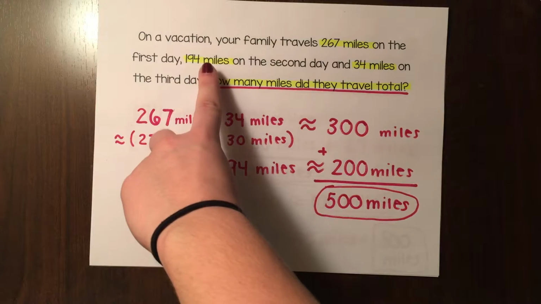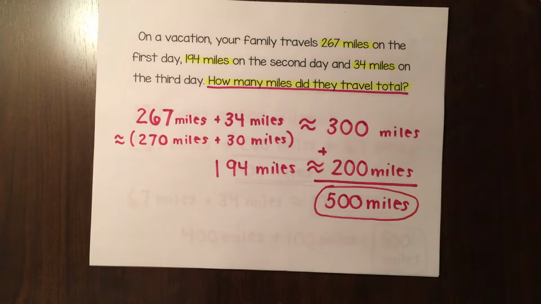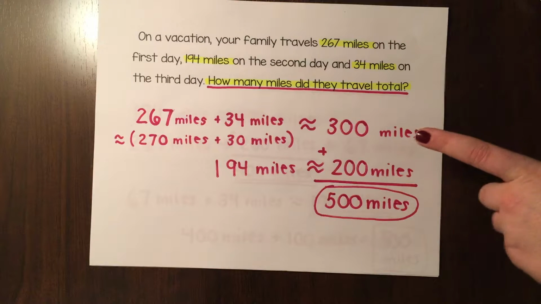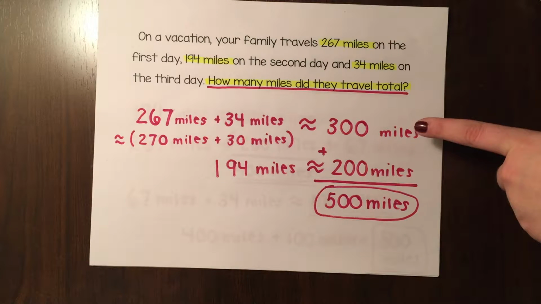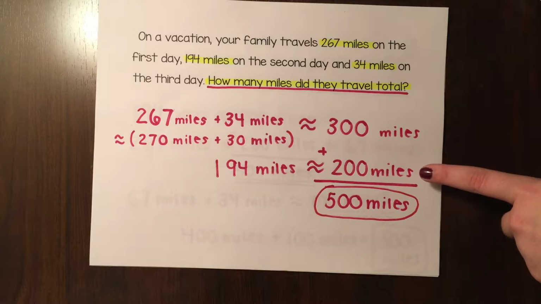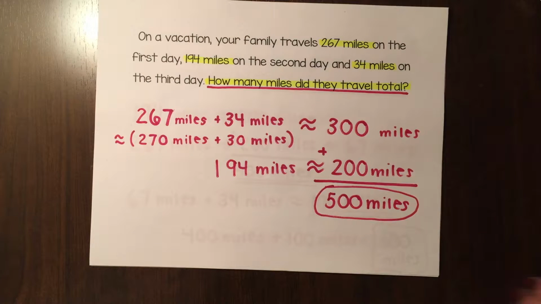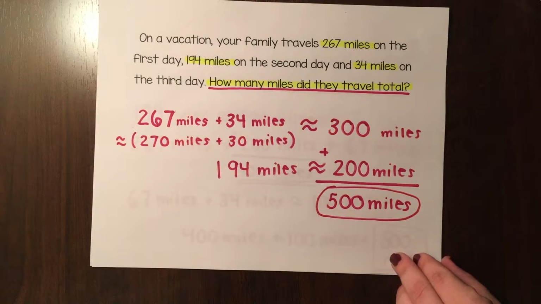Next, we have to add in our 194 miles, which we can round to about 200 miles. Together, adding the 300 miles from the first two numbers and the 200 miles from the second number, we get an estimation of about 500 miles total that they traveled.